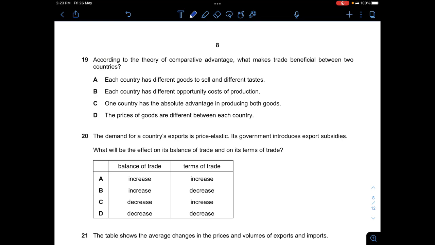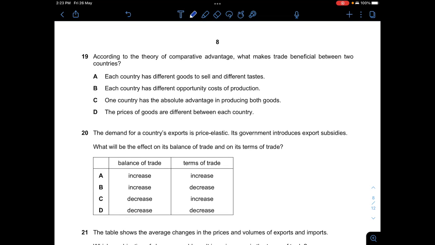Question 19, according to the theory of comparative advantage, what makes trade beneficial between two countries? We will need to look at the four options. A says each country has different goods to sell and different tastes, which is not correct. One country specializes in one thing, another country specializes in another thing, and they will produce the things that result in the least opportunity cost for them.